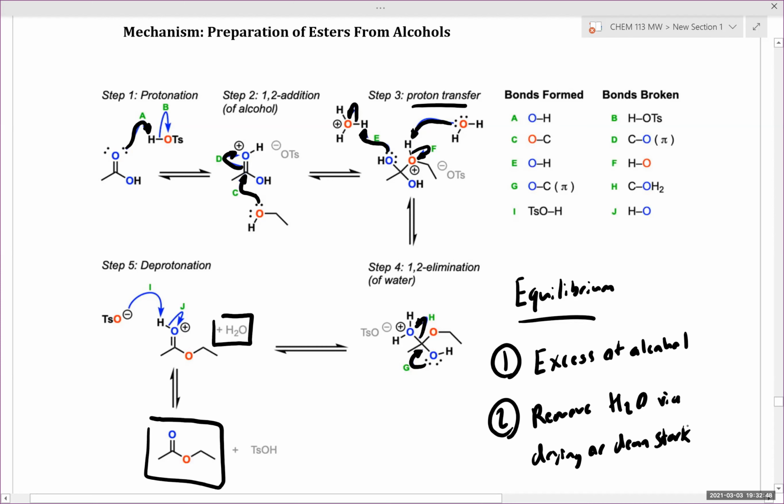So these are two methods that we can use. You can either add a drying agent to your reaction. You can use a solvent system that azeotropes off the water, or you can use a formal Dean-Stark trap to capture the generated water to help drive this reaction to completion.